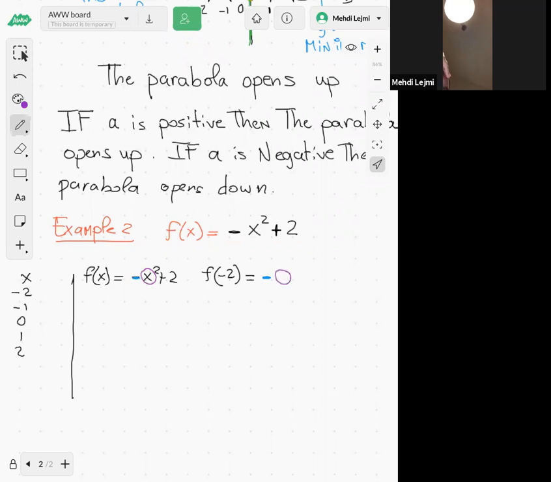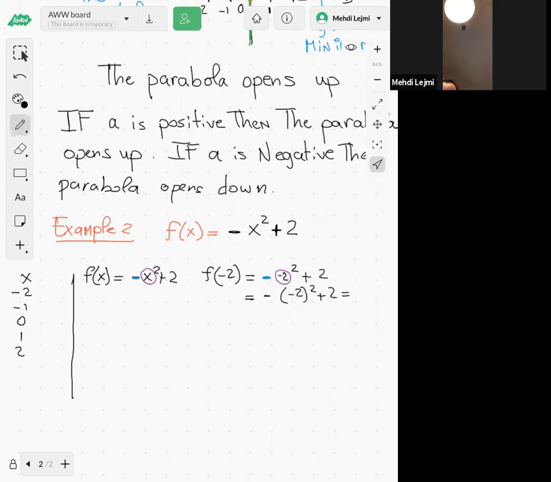Inside my parentheses, I'm going to have my x, which is -2, squared, and then plus 2. So this is minus, and then (-2) squared plus 2.